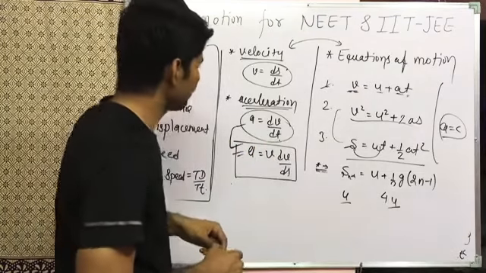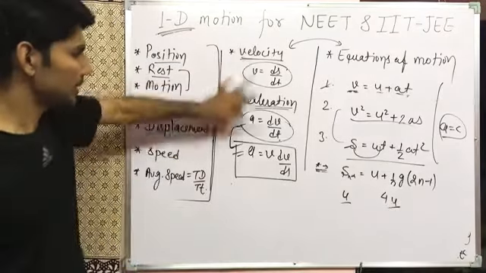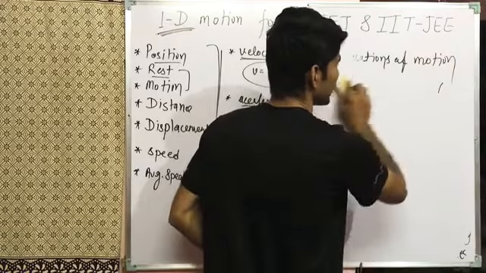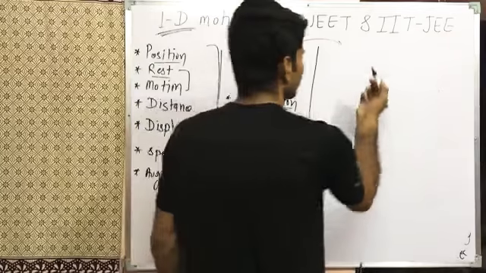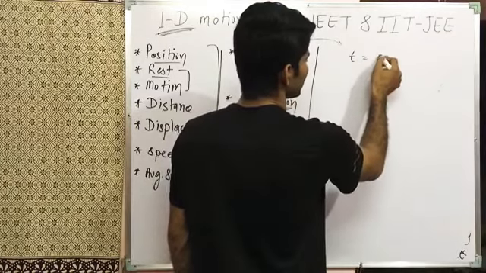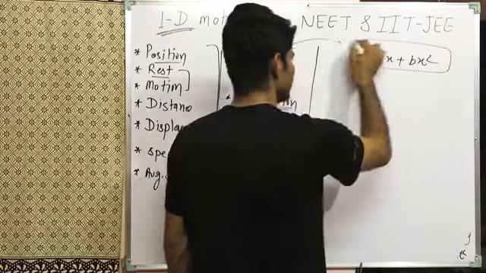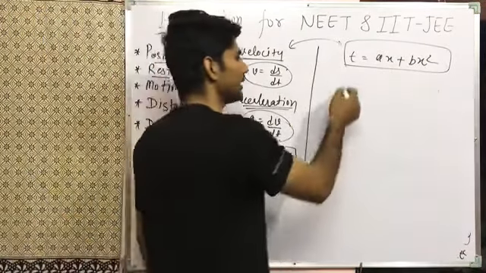But I came across one very important question from this section, in which the time was given as ax plus bx square. The equation was given in that question, and you were asked the acceleration.